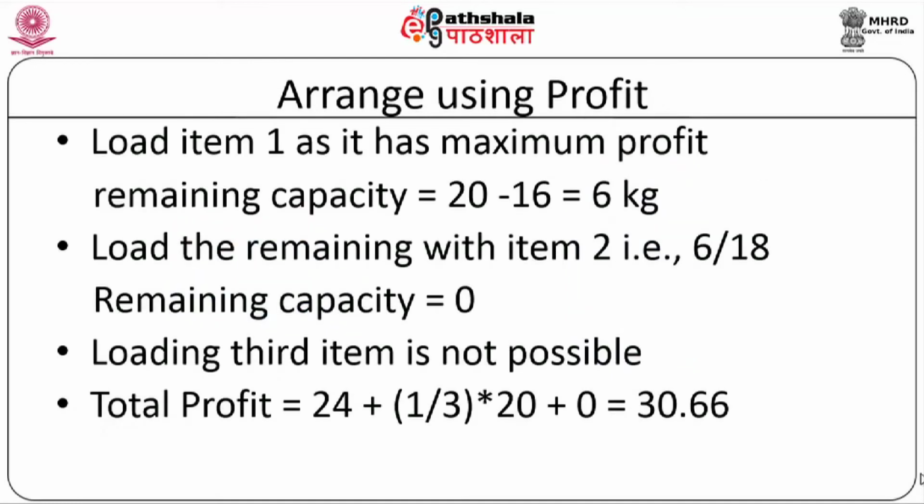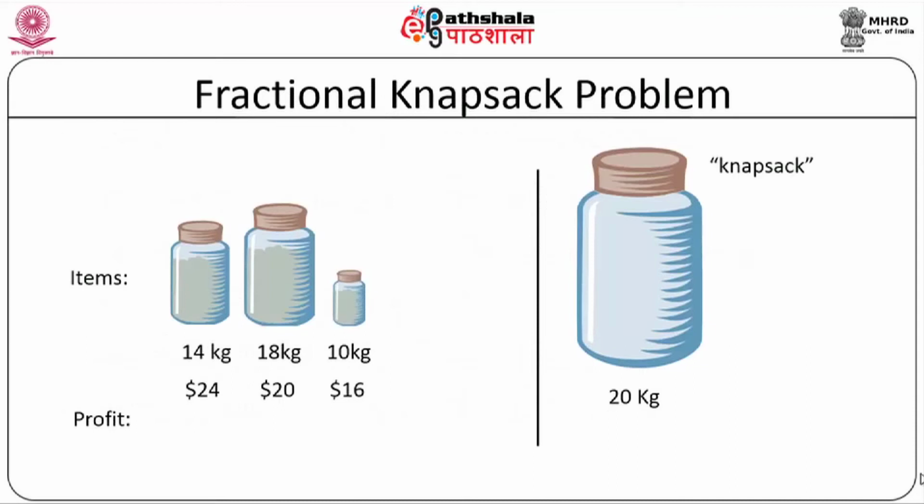Imagine like this, I will go according to the profit. So, just see this particular diagram. You can see that the profit is given. For item 1 the profit is $24, item 2 profit is $20, and item 3 profit is $16, and the corresponding weights are given as 14, 18 and 10.